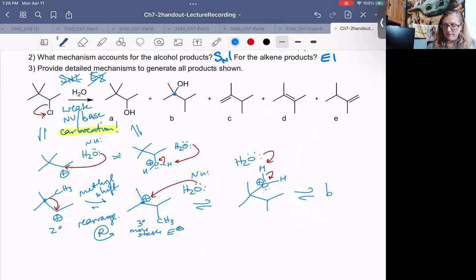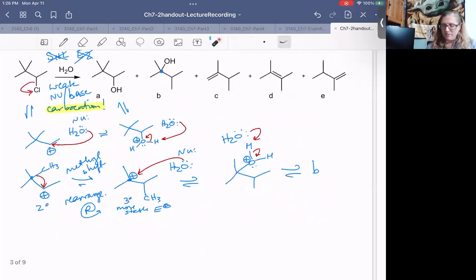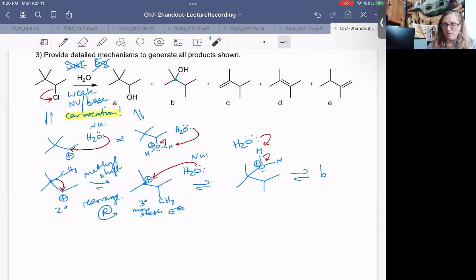So now I have an OH at that position, a neutral OH. So those are my 2 substitution products. Those both came from an Sn1 mechanism.